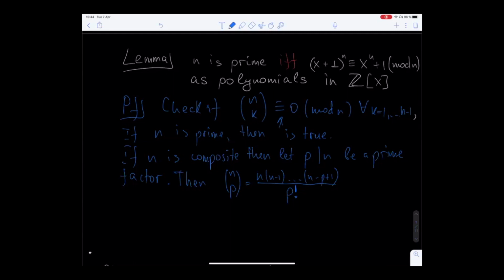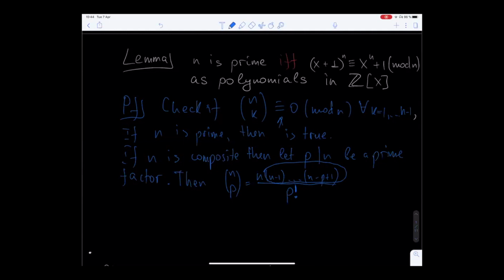And well, none of these numbers is divisible by p, right? Because p is a prime. And thus even their product is not divisible by p. And whatever degree of p we have in the prime factorization of n, n divided by p will have that degree less by 1.